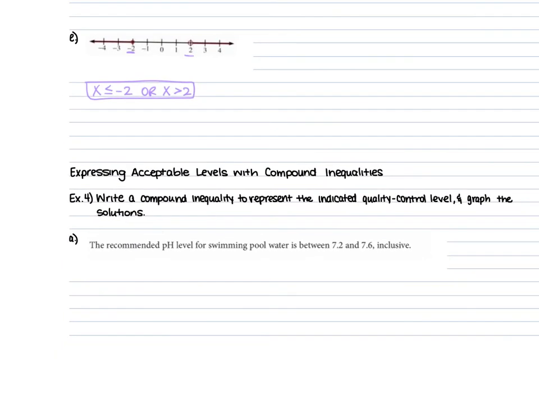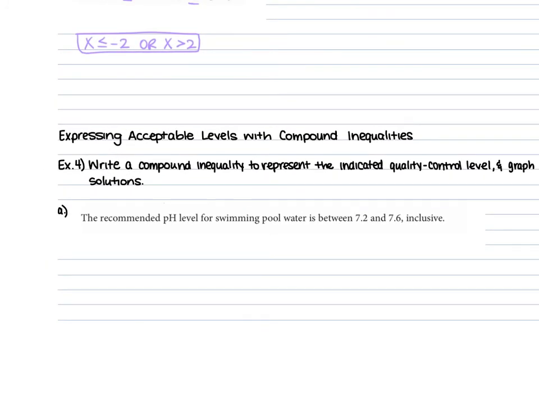Your next part of your lesson deals with writing a compound inequality to represent the word problem that you have here. So with example A, we have the recommended pH level for swimming pool water is between 7.2 and 7.6 inclusive. Inclusive just means that it includes those numbers. So when we write this, we're going to have a 7.2, we're going to have a 7.6.